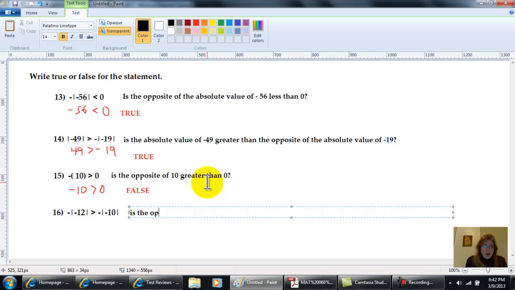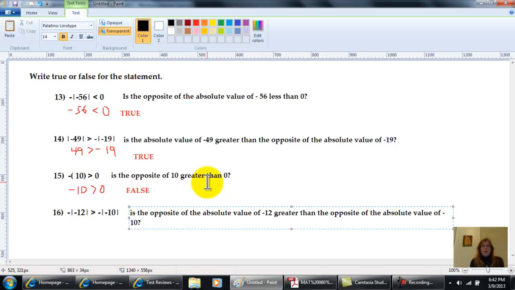Is the opposite of the absolute value of negative 12 greater than the opposite of the absolute value of negative 10? Question mark.